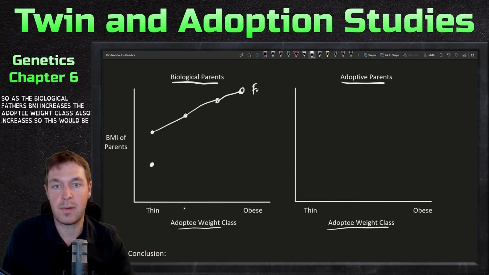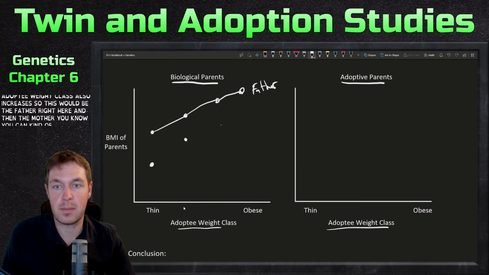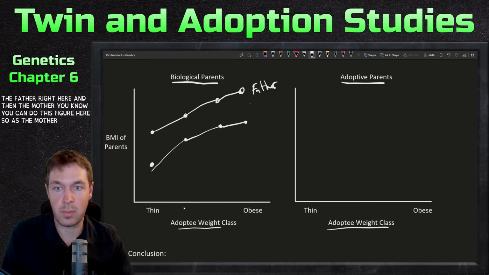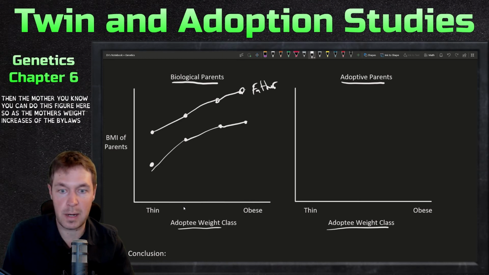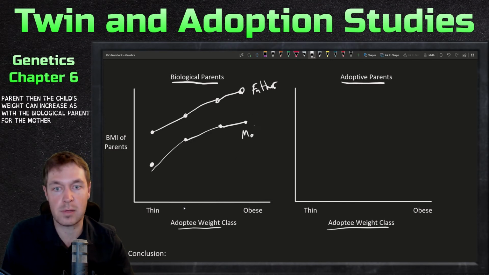So this would be the father right here. And then the mother, you can do a similar figure. As the biological mother's weight increases, the child's weight can increase as well.